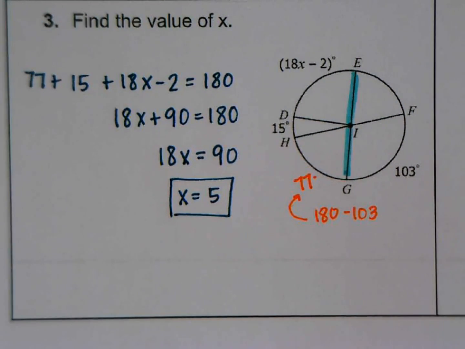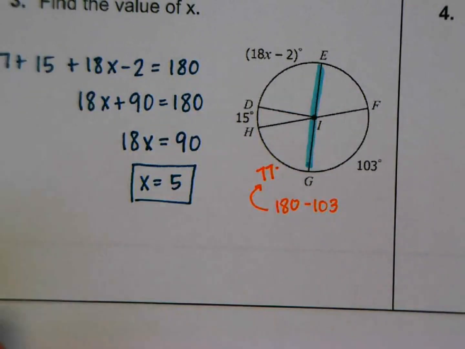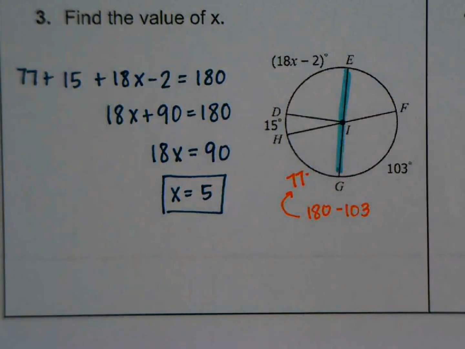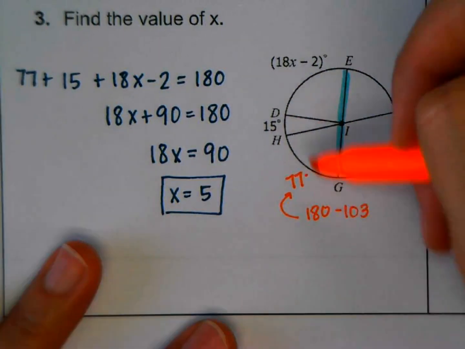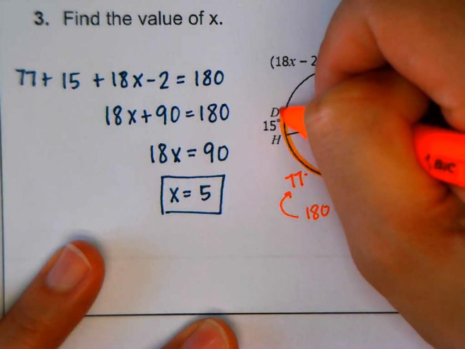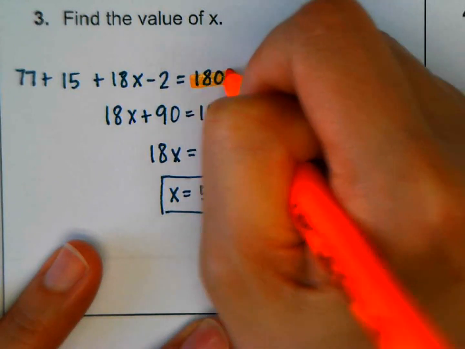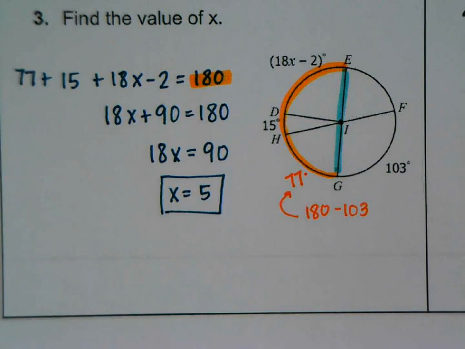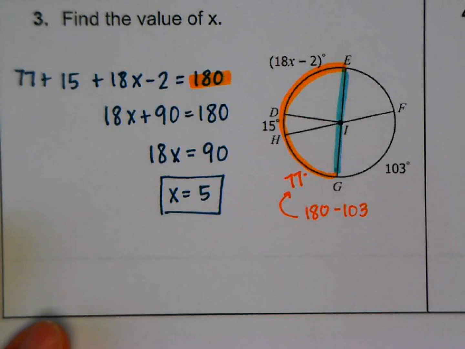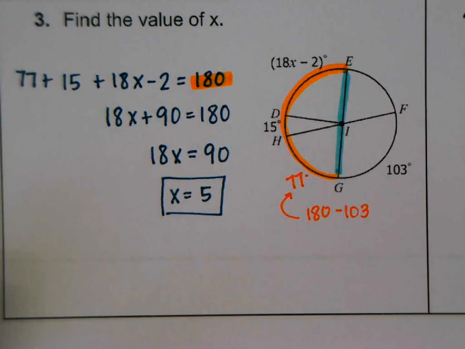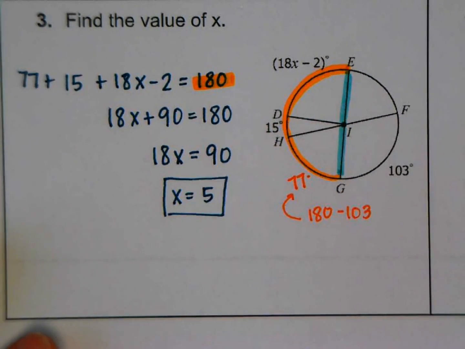So we used this semicircle and used the 180 right there. That's one way to do it, using the semicircle. Add it up, set it equal to 180. They're essentially supplementary, like what we used to do for supplementary angles.